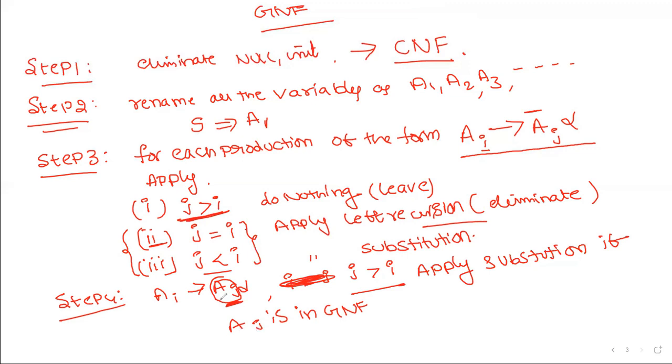Aj is replaced, that is, apply substitution. Then automatically Ai is also converted into GNF. You got it? This is the procedure.